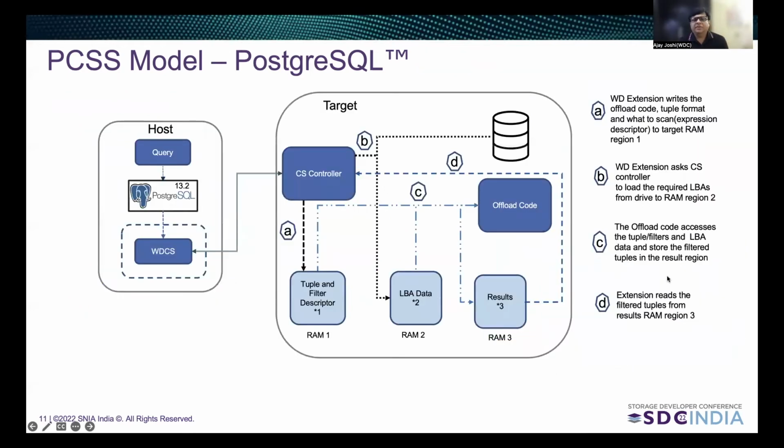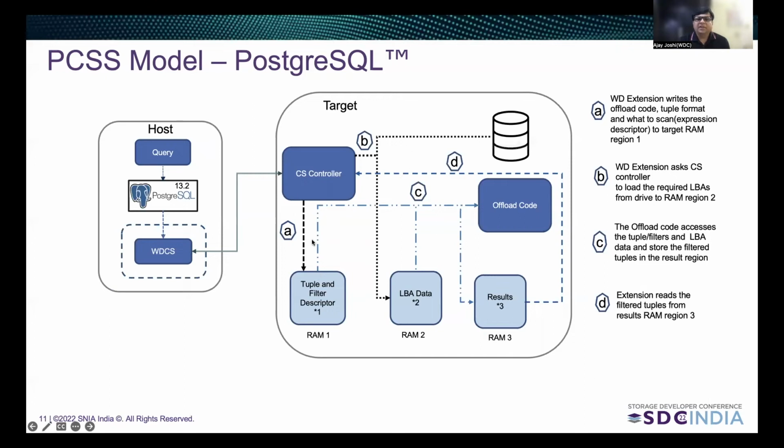So how do we fit all this together? In the host and target case, there are four different modes of operation that we use. In the first mode of operation, the WDCS extension writes the offload code, tuple format, and filter descriptor to a RAM region.